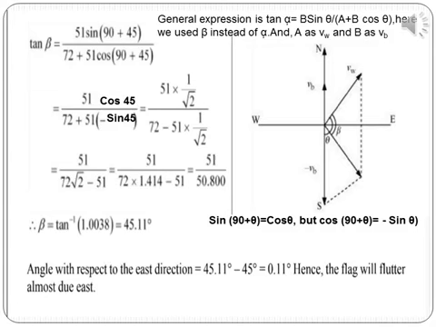1.0038. Then beta is equal to tan inverse 1.0038, which is equal to 45.11 degree.